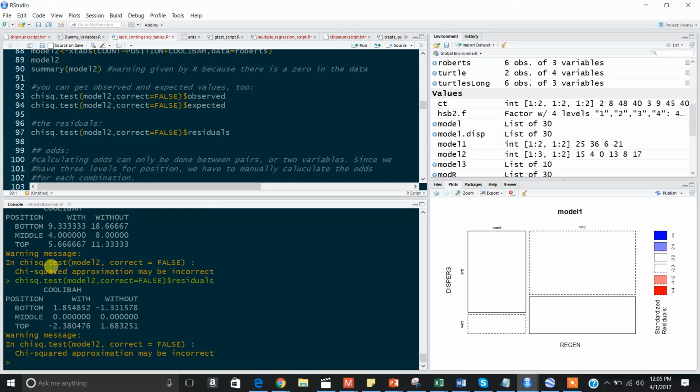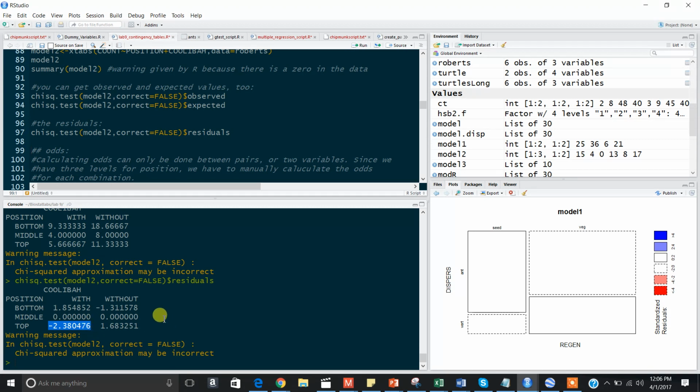Okay, so interpreting this, the amount of decay is greater than what is expected in the bottom of the floodplain and less in the top. Sorry, less in the top of the floodplain.